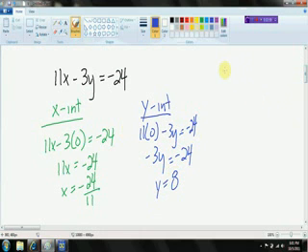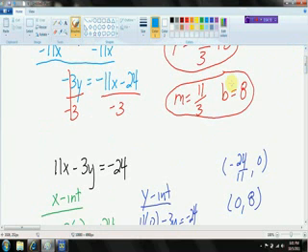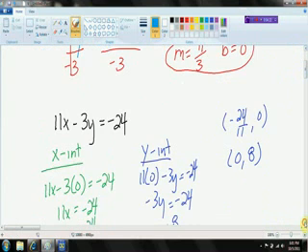We have the ordered pair negative 24 over 11, comma 0, and we have 0, comma 8. Alright, so now we want to use the slope formula to get the slope. Notice that we already know the y-intercept is 8, and if we go back up to the work we did before, we said right here that the y-intercept was 8, so that's a good thing.